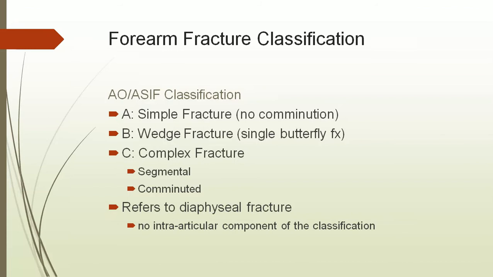A simple fracture is one where there is no comminution. As I told you, there are only two fragments. In a wedge fracture, between the two fragments there will be a single butterfly shaped fragment. Another one is a complex fracture, where there is a segmental and comminuted fragment.